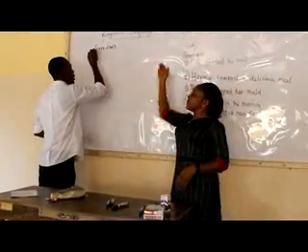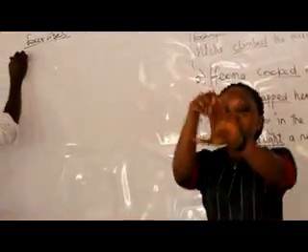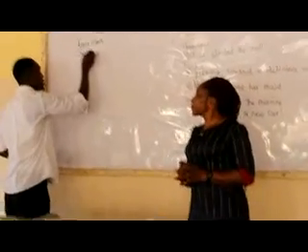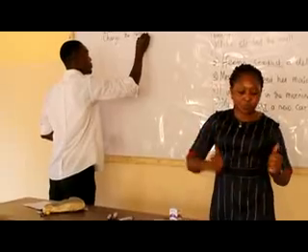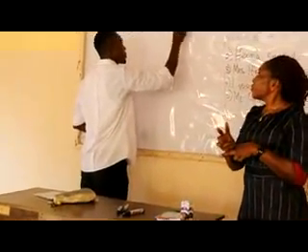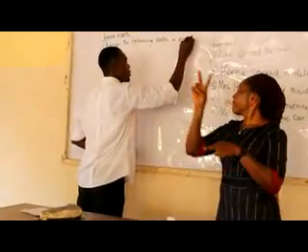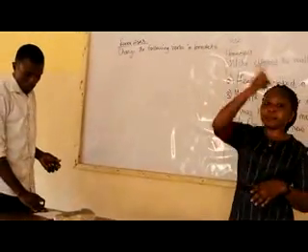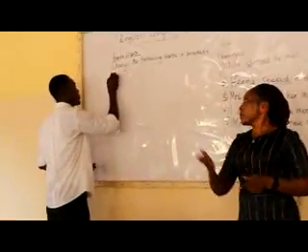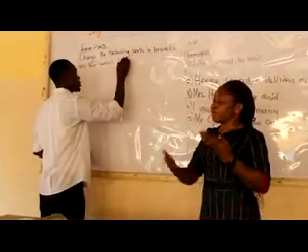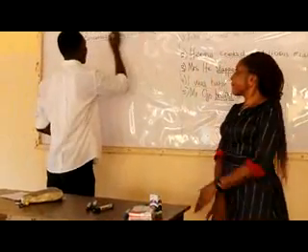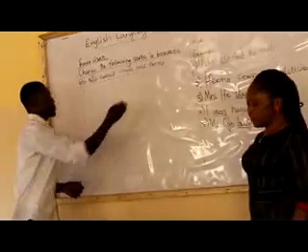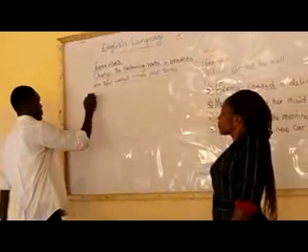To do at home. Instruction. Change the following verbs in brackets into their correct simple past forms. Number 1.